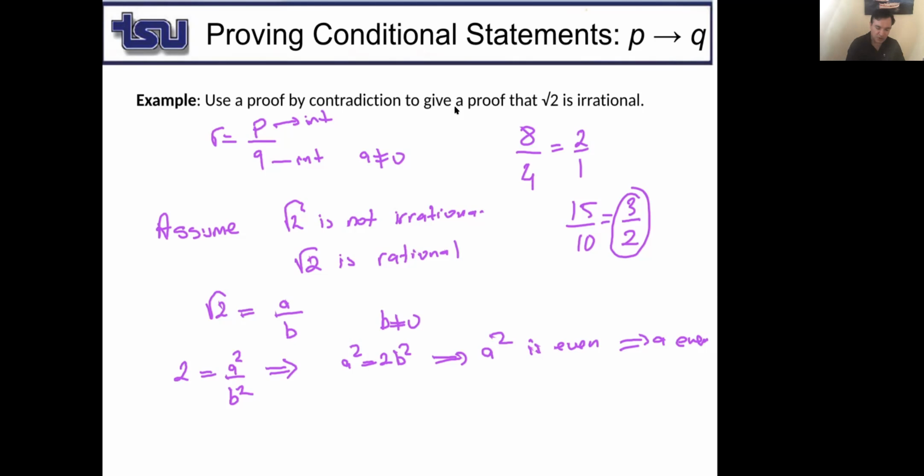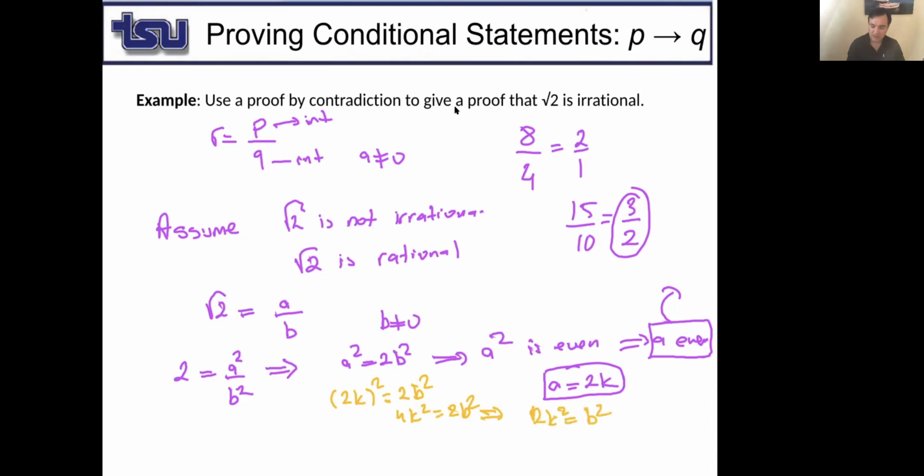Okay, so with this, we start with a is even, okay? If a is even, a can be written as 2k for some k, right? Now I go back to this guy. 2k square is equal to 2b square. 4k square is equal to 2b square. This implies that 2k square is equal to b square. That implies that b square is even, and it implies that b is even.